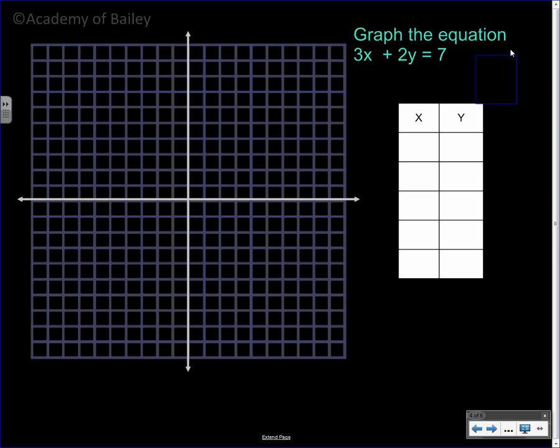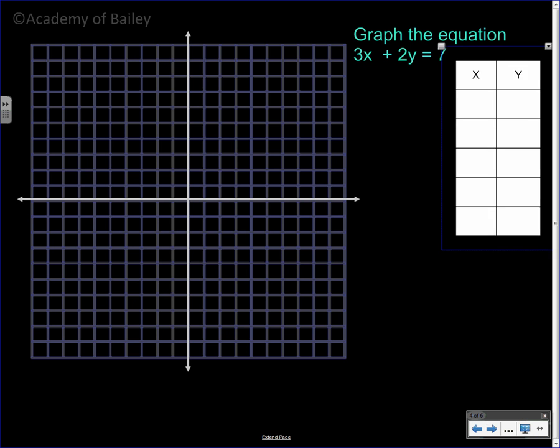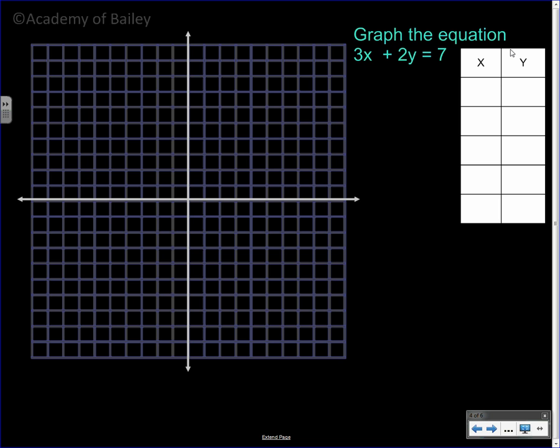And this one here, if you feel confident in doing this on your own, I would prefer that you do it on your own, and then check to make sure that your line matches mine. What values do you want to choose for x? I'm going to choose -1, 0, 1, and 2.